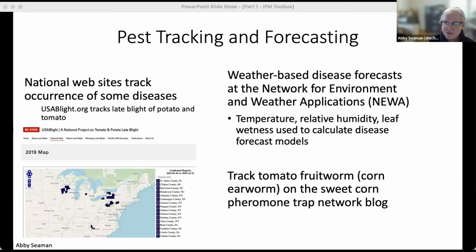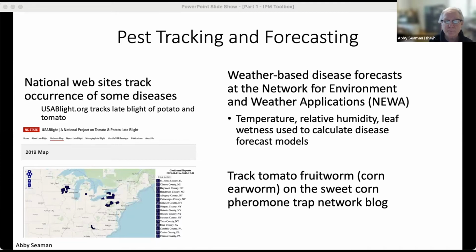And that information, like how long the leaves have been wet and what the temperature was when the leaves were wet, can be used to calculate disease forecast models that can help time fungicide applications. And there's also some insects that are tracked on the NEWA website, but for cabbage and onions, not for tomatoes.